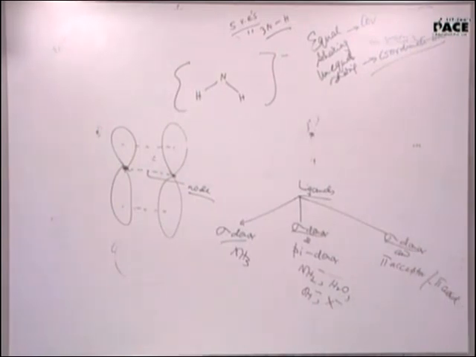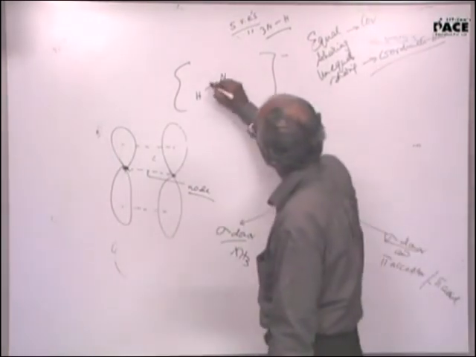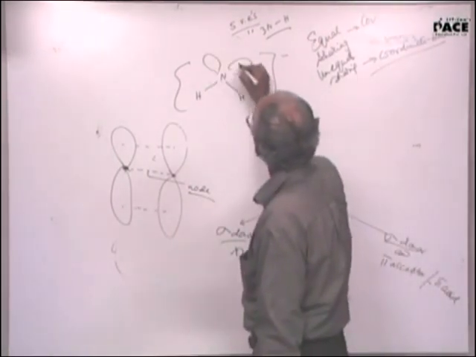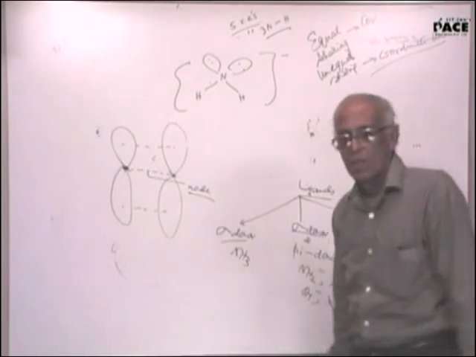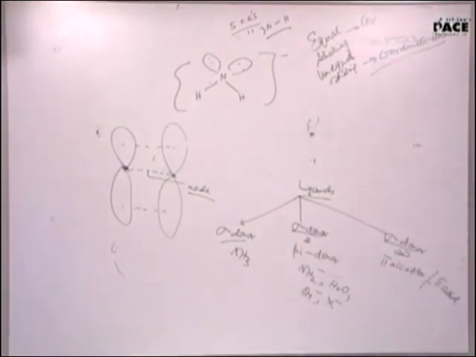Out of 6, only 2 are used to form the NH bonds. So NH2 minus will have 2 lone pairs of electrons.